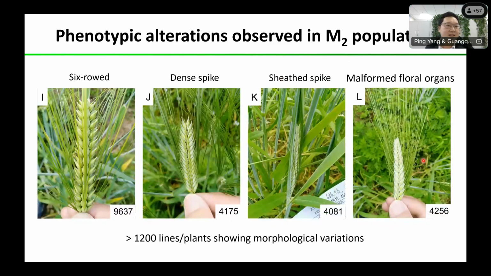We also find some phenotypic variation at the spike. For instance, this is the well-known locus six-row spikes, which is controlled by the VRS1 gene, and also some dense spikes, sealed spikes, and muffled floral organs. We did not carefully analyze the number of lines showing phenotypic alteration, but briefly we collected more than 1,200 mutants.